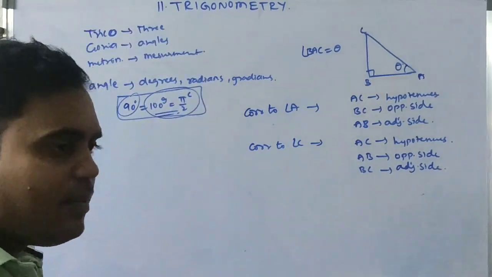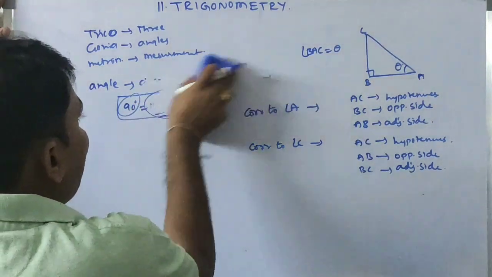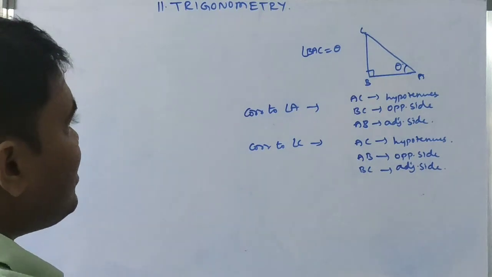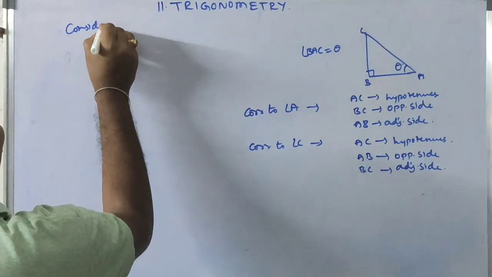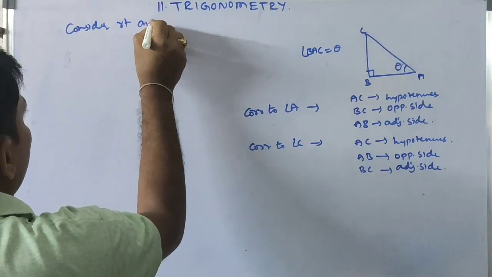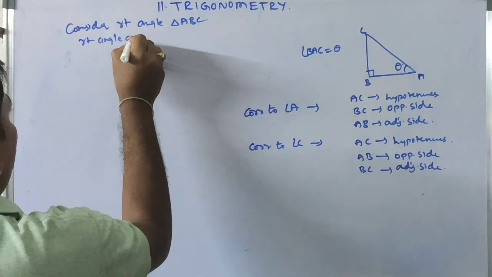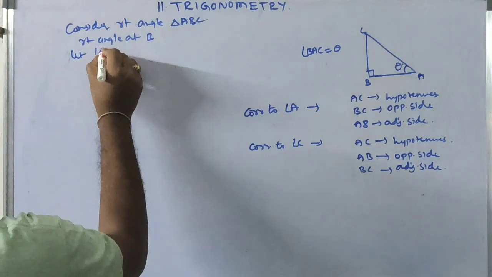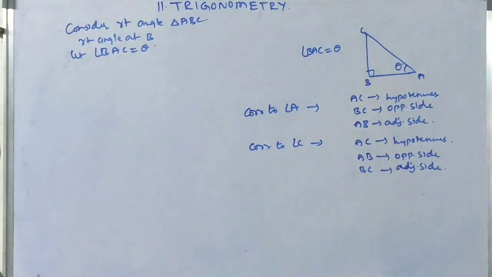Okay, next, trigonometric ratios. Considering trigonometric ratios, I am taking the sides first. Consider right angle triangle ABC, right angle at B. Let angle BAC equal theta, corresponding to angle A. I want to take the ratios of the sides.